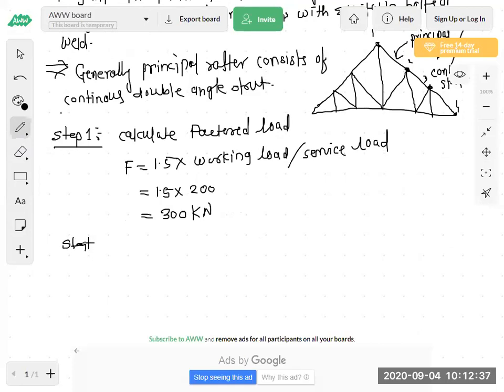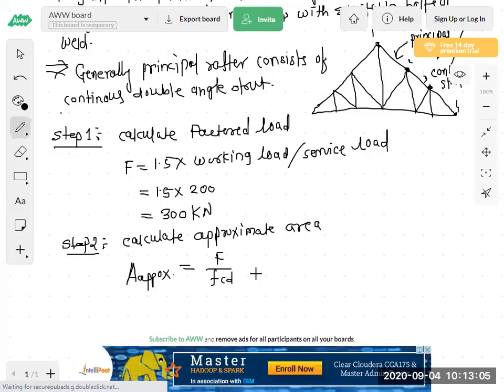Then step 2: calculate approximate area. How to calculate approximate area? A approximate is equal to F divided by fcd. F is 300 kilonewton, the factored load.